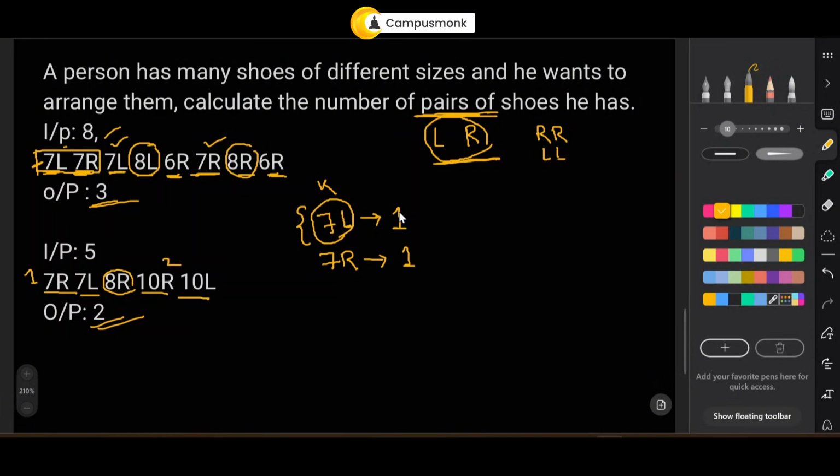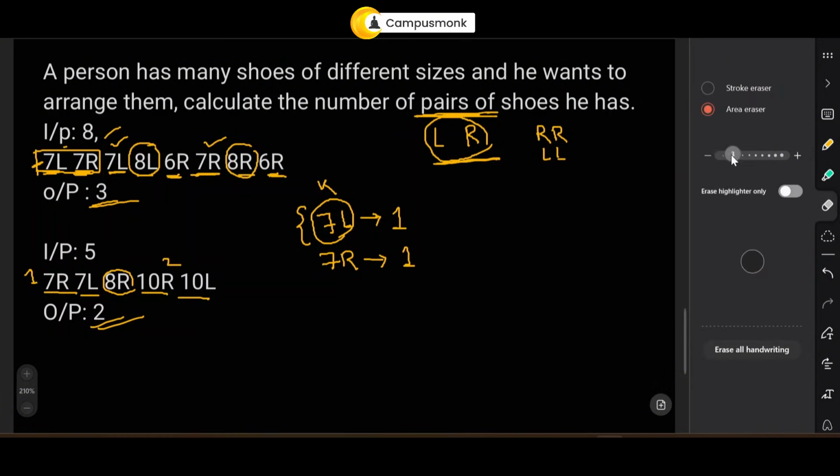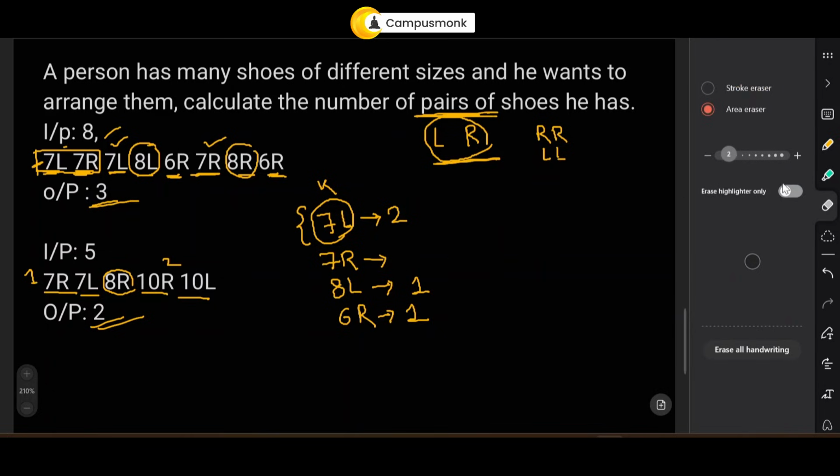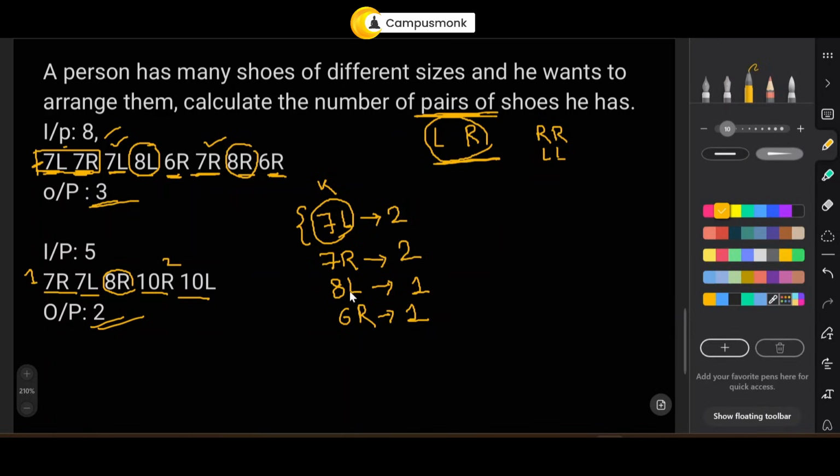You don't create a new key; rather, you just update this one to 2. Similarly, 8L, there is no 8L mapped yet, so we'll put it as 1. Then 6R, 6R also as 1. Then 7R, we have a 7R, so we are not going to create another one. We'll just increment the number. Then we have 8R, we don't have 8R over here, so we'll put 8R. Then we have 6R.